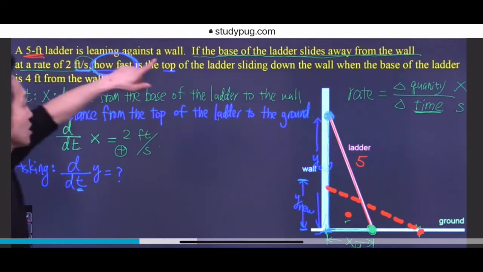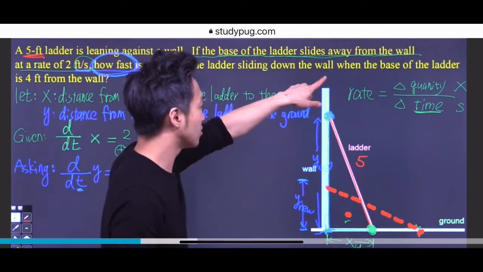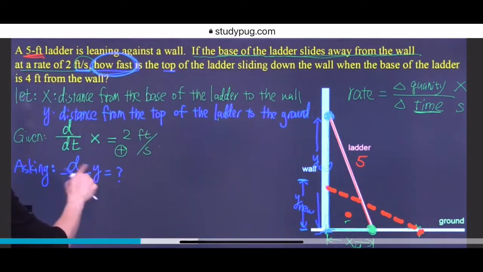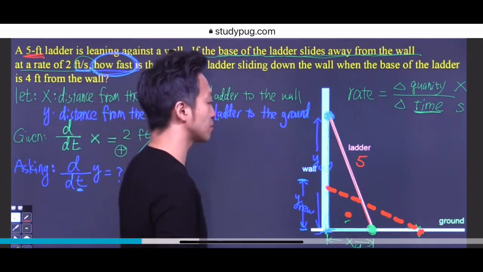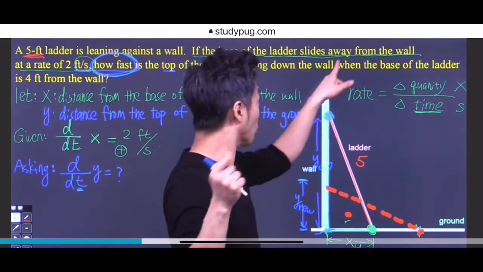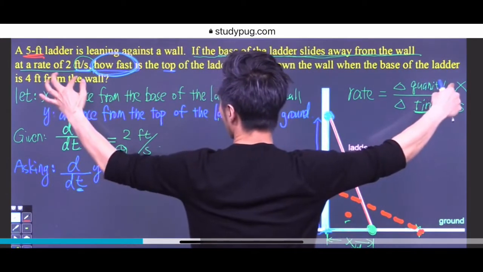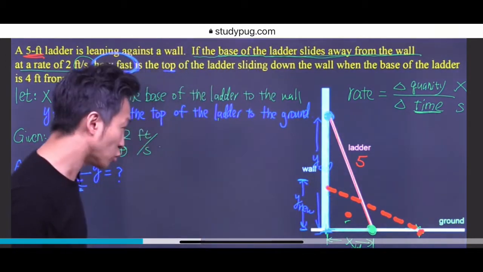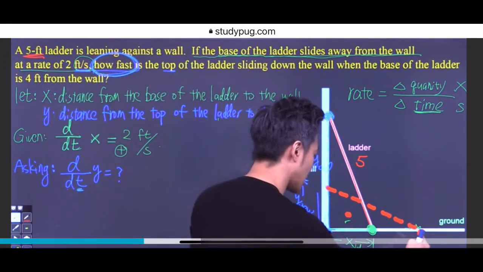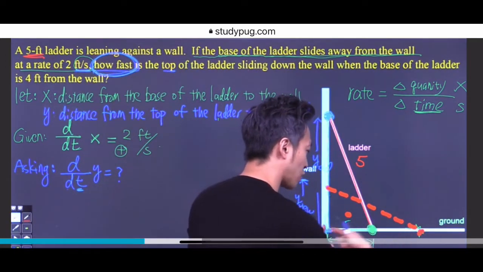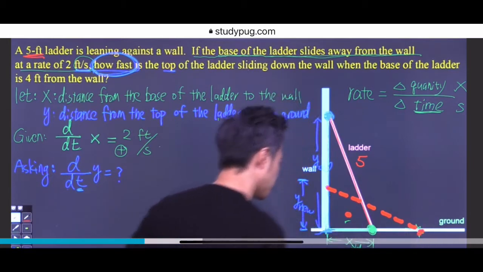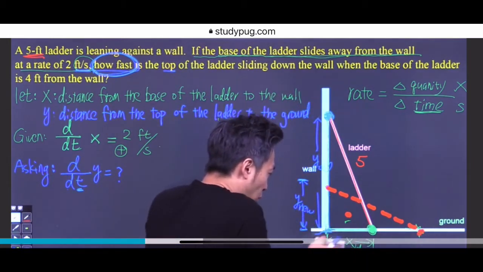So how fast is the top of the ladder sliding down? So we're asking for dy/dt, the change in y over change in time, at the moment when the base of the ladder is 4 feet away from the wall. The moment when the new x is equal to 4. When the base of the ladder is 4 feet away from the wall.